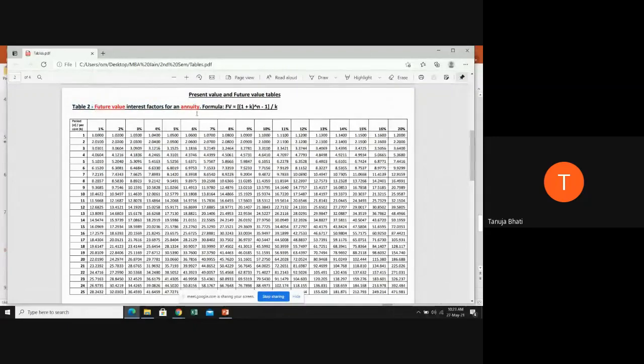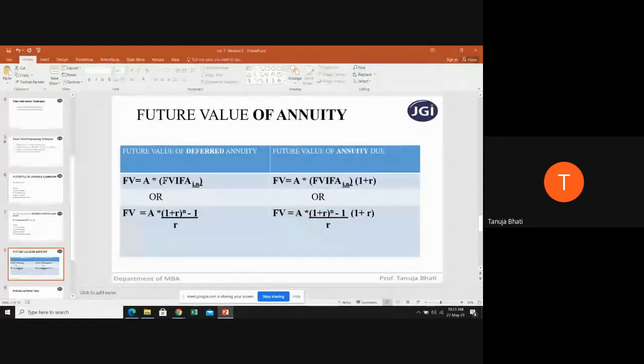Now, to calculate future value, students, the full form of this is future value interest factor annuity. So the future value of an annuity you can find out by using I and N. Now I is nothing but R. So remember students, I and R and K all mean rate of interest.